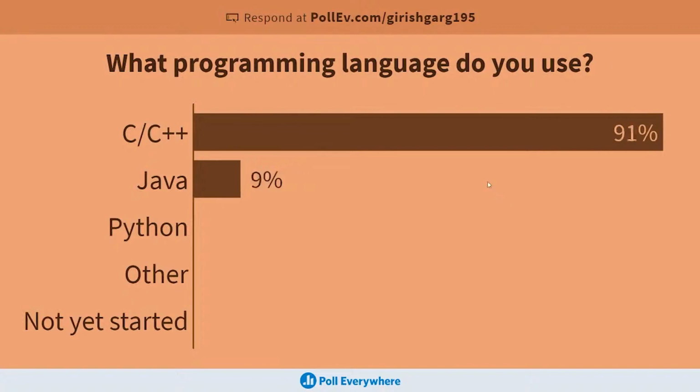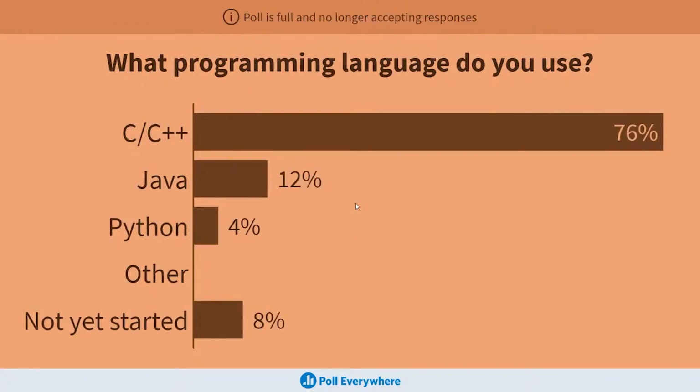Okay, we have started getting responses. Since most of you are first years, I don't expect that all of you would have started programming, but I see a very good response here.